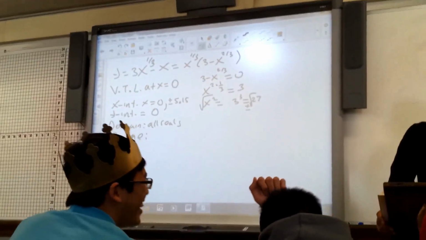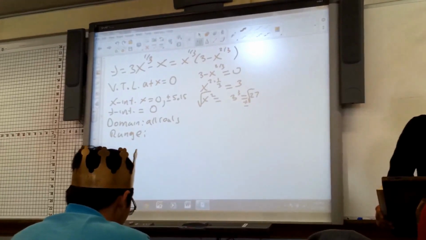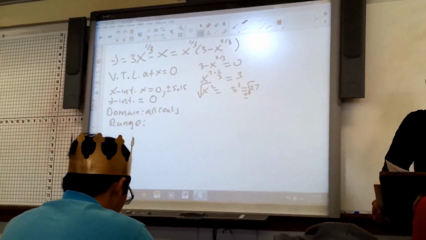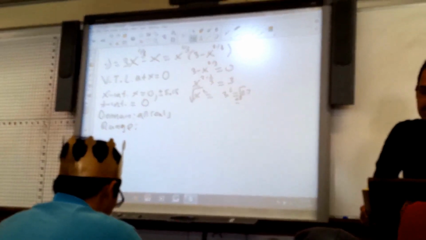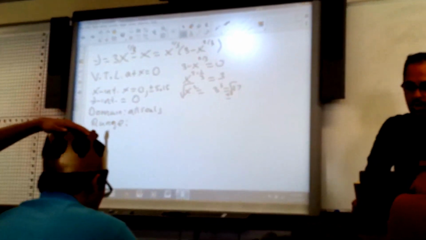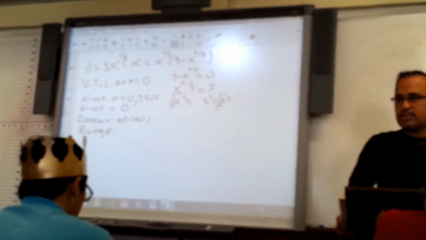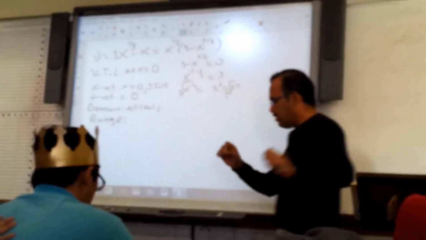Like, at least where it's starting. Yeah, I'm definitely going to ask you. You have to state the domain and the range. If you look at example 1, it says domain. Yes, you will be asked to state the domain and the range.